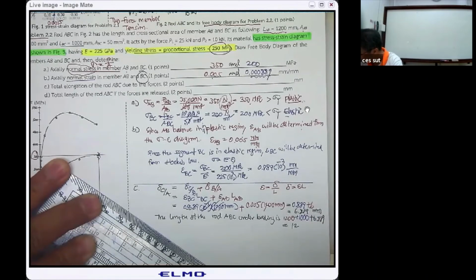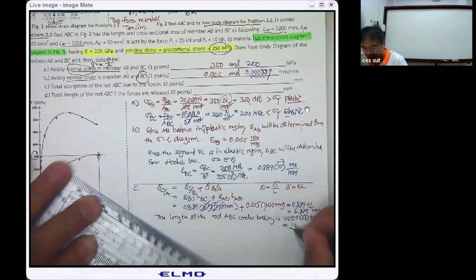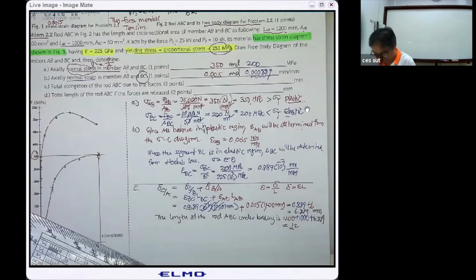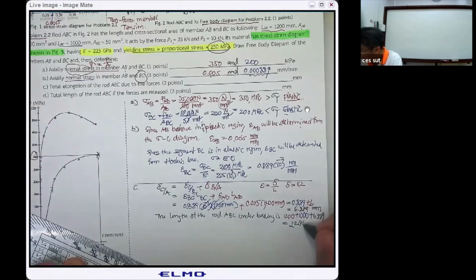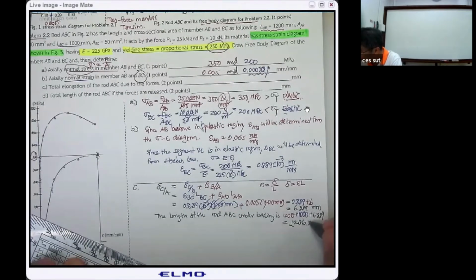No, this is 2,000. Sorry, this is going to be 2,000. This is wrong. 2,200 plus 6.889, that is 2,206.889 millimeter. This is the final length, changed from 2,200 to 2,206. They just ask us for the total elongation, that is going to be 6.889 millimeter. And this is just additional computation.